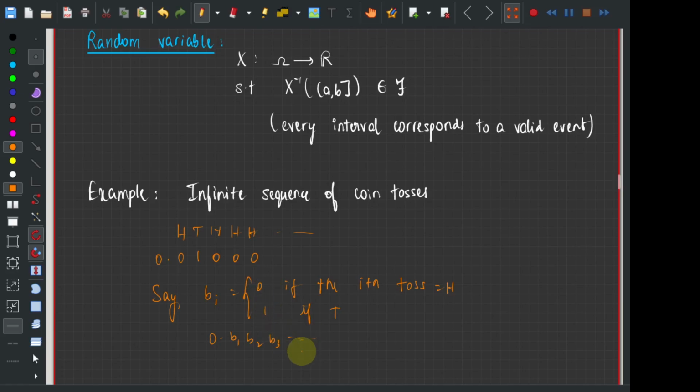Now, how do you represent this as a real number? So my x would be what? b1 by 2 plus b2 by 4 plus b3 by 8 and so on.